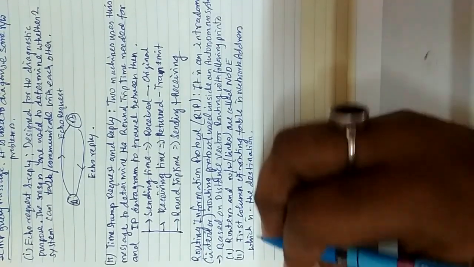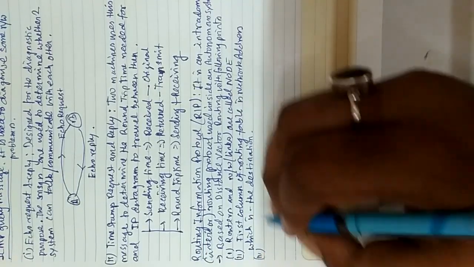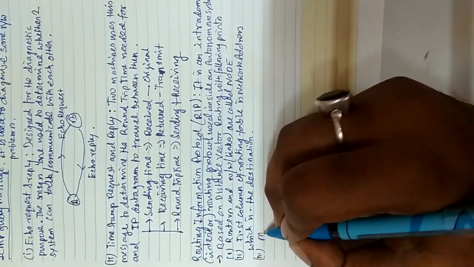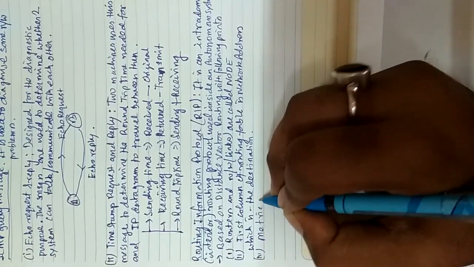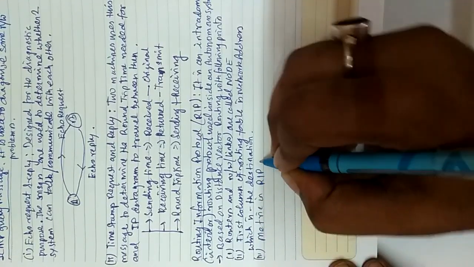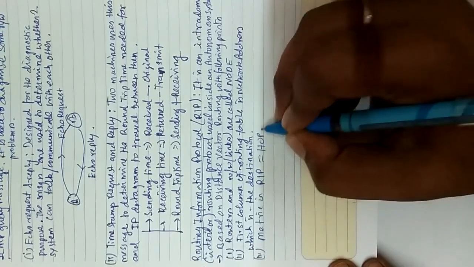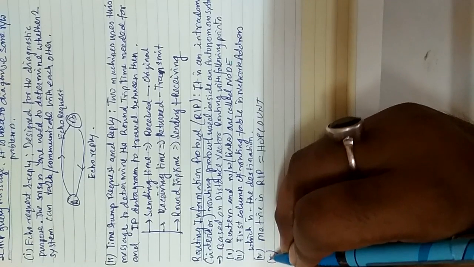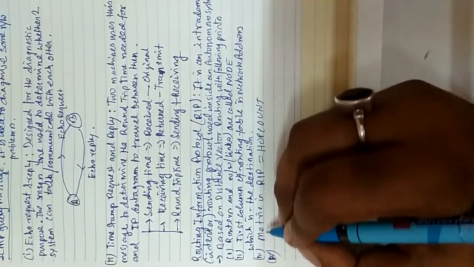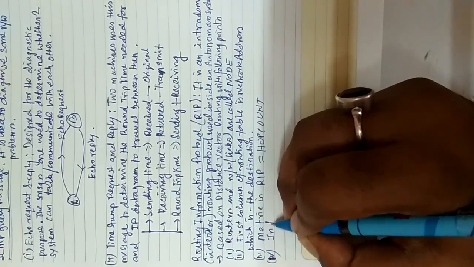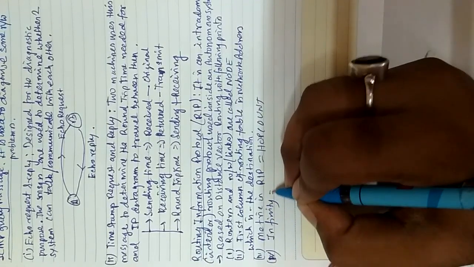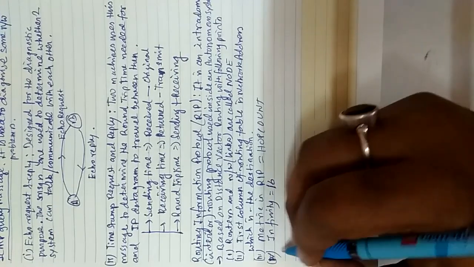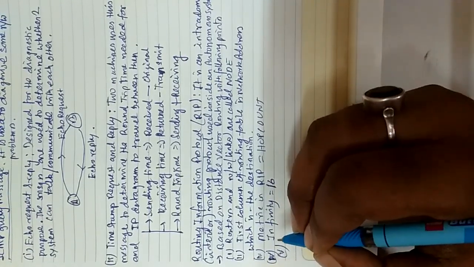Okay, now the 3rd point: the metric in RIP is nothing but hop count. Number 4, we will consider infinity equal to 16. That is, a hop count of 16 is considered infinity, or we set 16 as infinity.